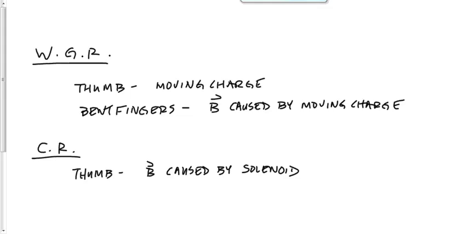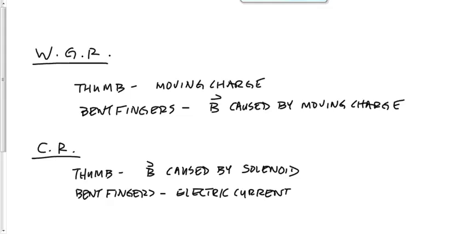And your bent fingers are going to point in the direction of the moving charge. Well, in the context of a solenoid, that moving charge is going to be an electric current. So thumb, magnetic field, fingers, charge. And then the next one's going to be fingers, moving charges, thumb, the direction of the magnetic field.